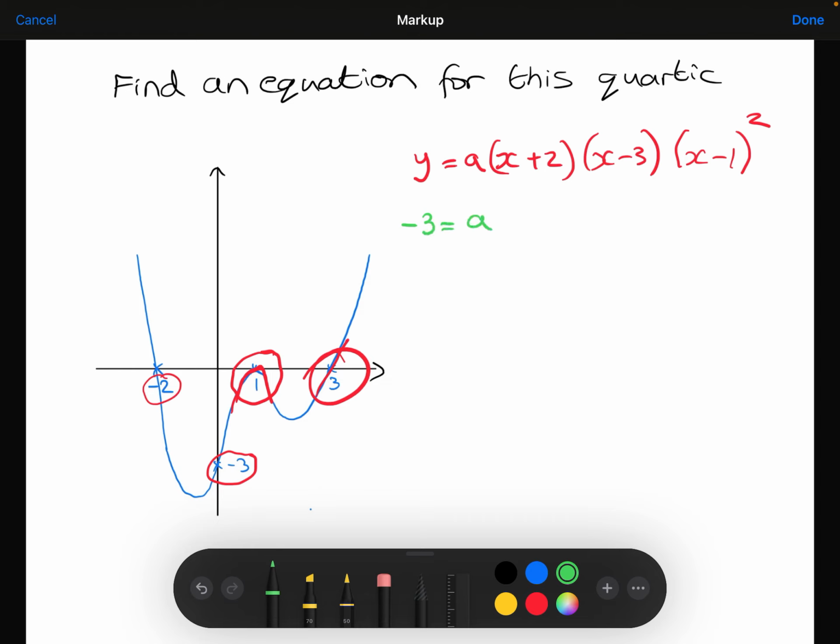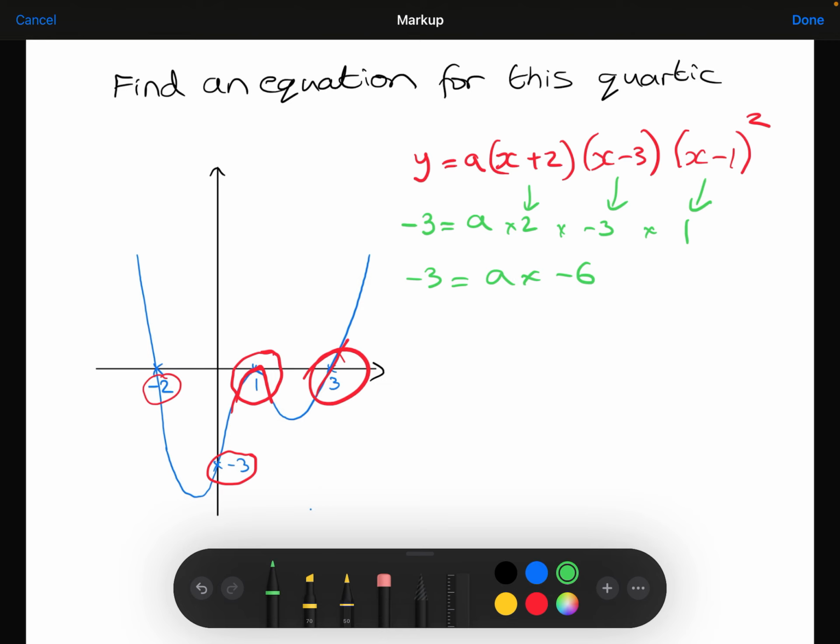Now if x was 0, this would be 2. This would be minus 3. This would be minus 1 squared, which is positive 1. So minus 3 equals a times minus 6.